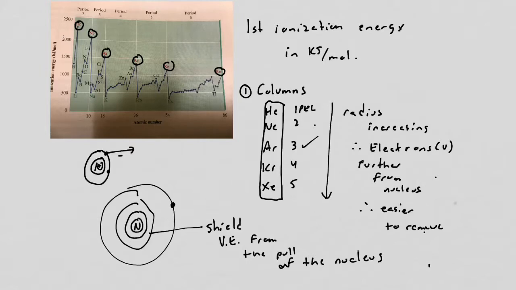Helium has no shielding because it has nothing between its valence electrons and its nucleus. That's why helium has the highest first ionization energy of any element. As you go down the column, krypton has 3 energy levels shielding the 4th energy level from the pull of the nucleus. It gets easier to remove those electrons.